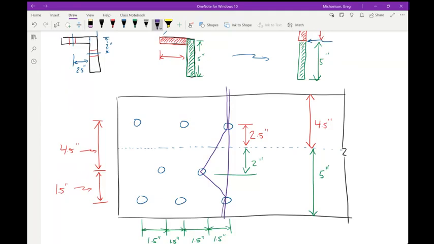In that case, we're going to have the gross area minus 3 bolt holes plus 2 stagger factors. But those 2 stagger factors are not going to be the same. They are going to be different because they have different gauge distances.